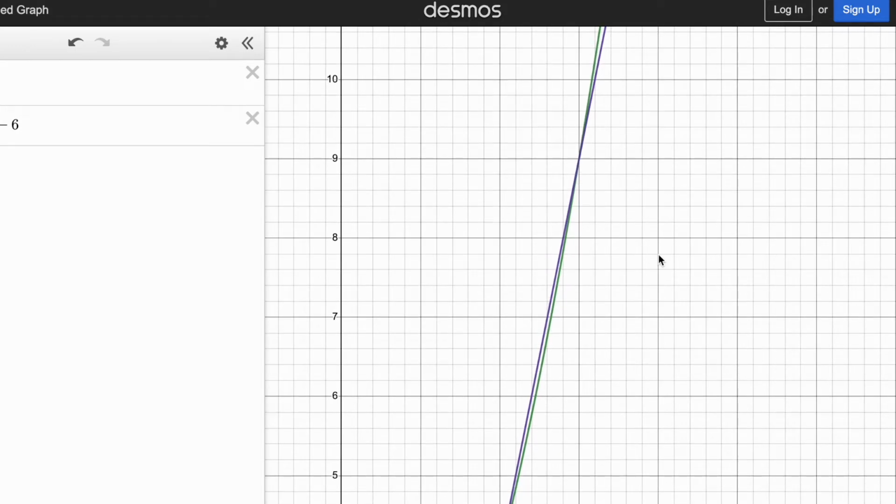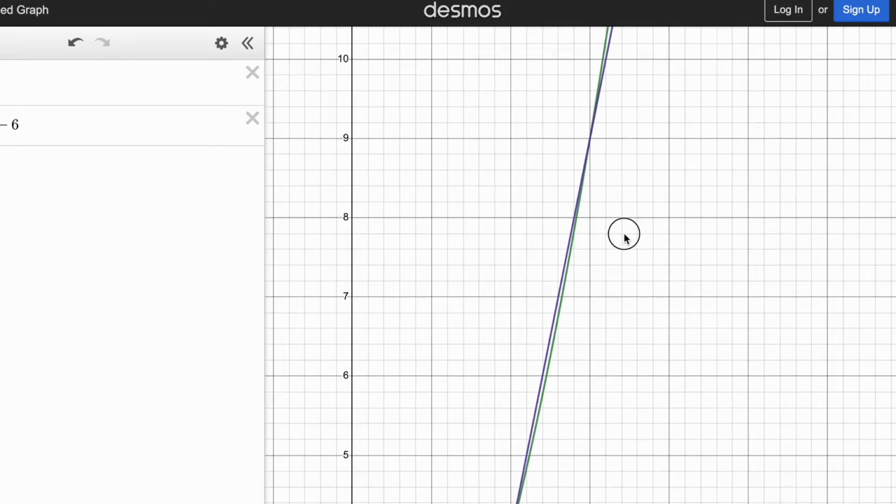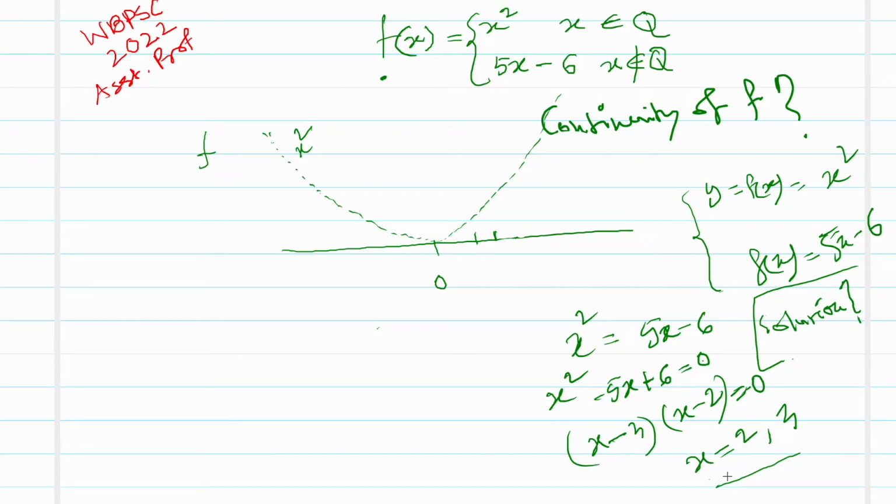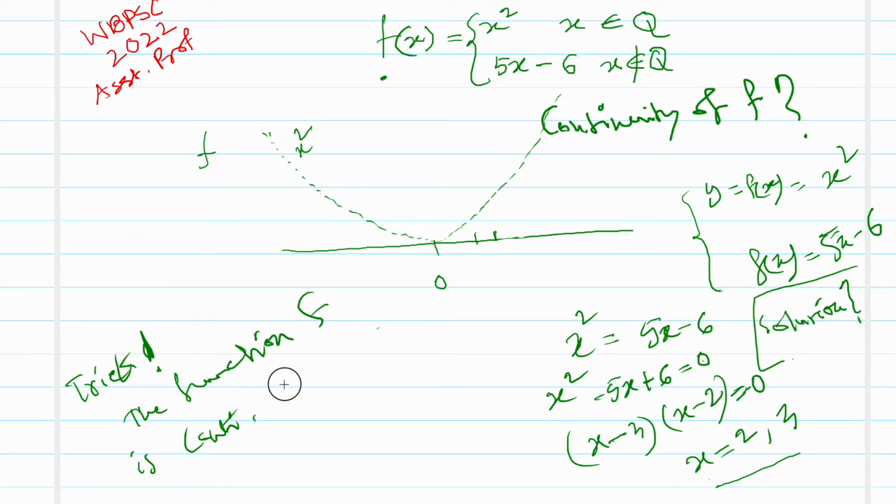Now we are going back to our notes. So if these are the intersection points, the trick is this: the function f is continuous only at x equal to 2 and x equal to 3.